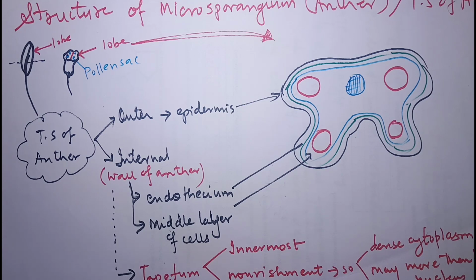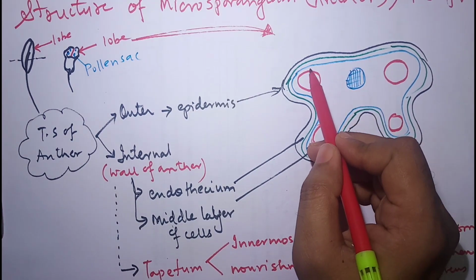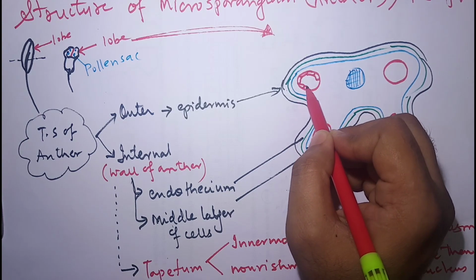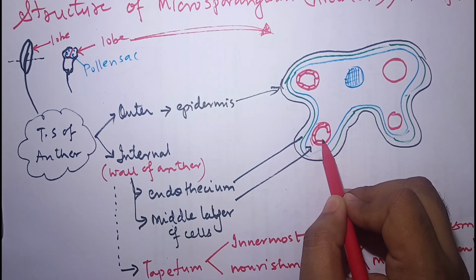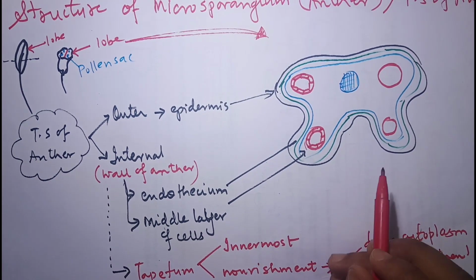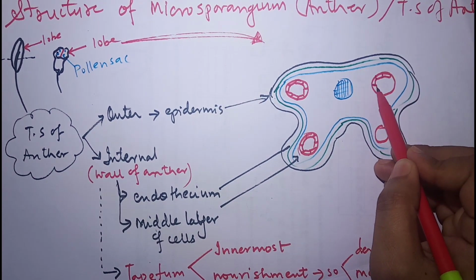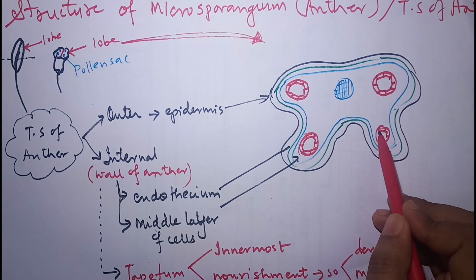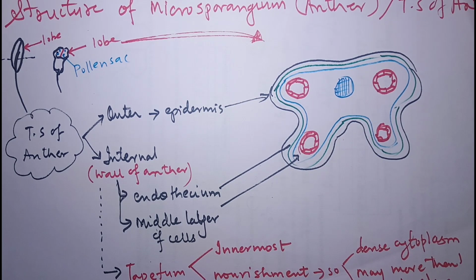Now I was talking about this tapetum. This is the tapetum, and this is the pollen sac. On the surface of the pollen sac you can find a thin nutritive layer, which gives nutrition to the developing microspore, and this is called tapetum.